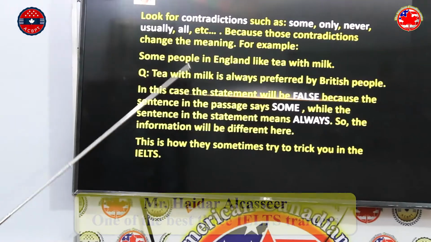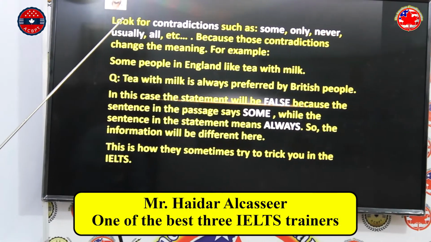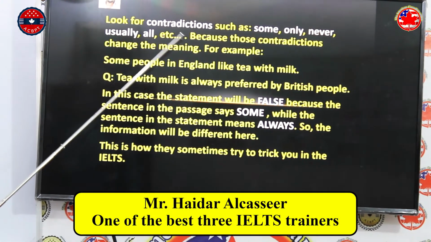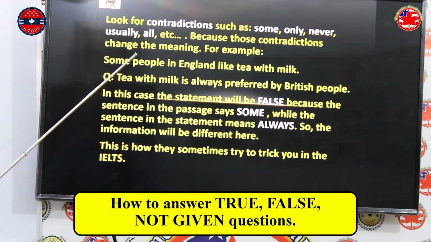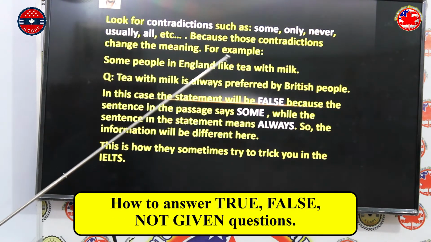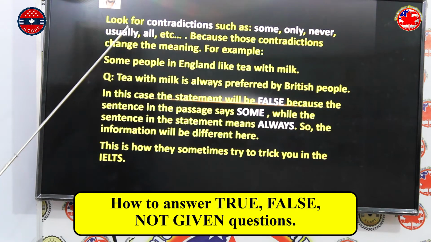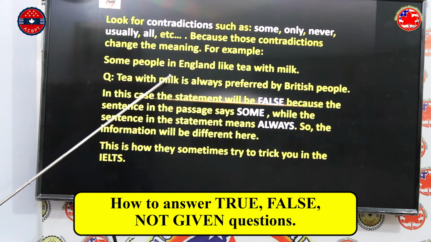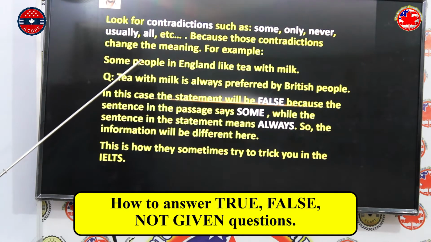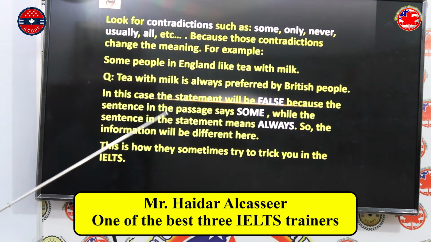Look for contradictions. Please pay attention to this point. Look for contradictions such as some, only, never, usually, all, etc., because those change the meaning. For example, some people in England like tea with milk. Tea with milk is always preferred by British people.